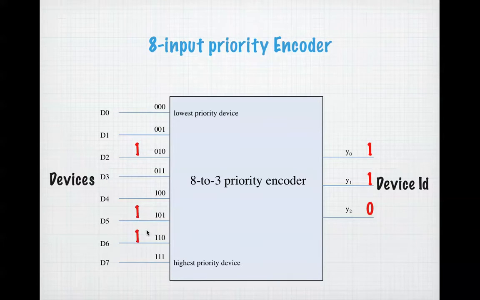Now, in this situation, since device D7 has not made any request, D6, having made a request, does receive the service because the other 2 devices that make a similar request have lower priority.